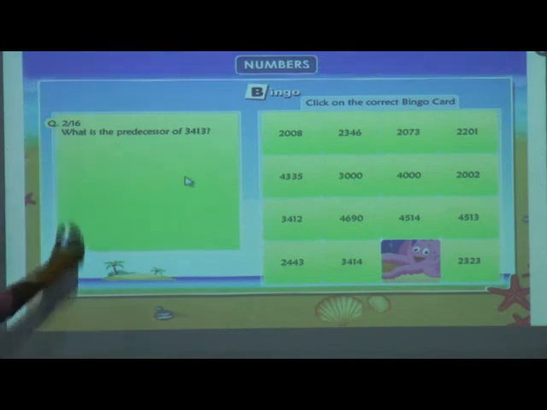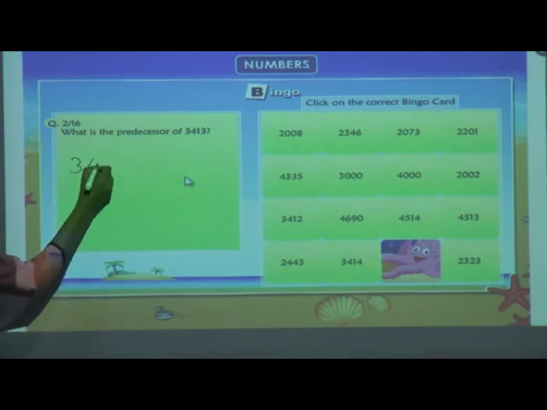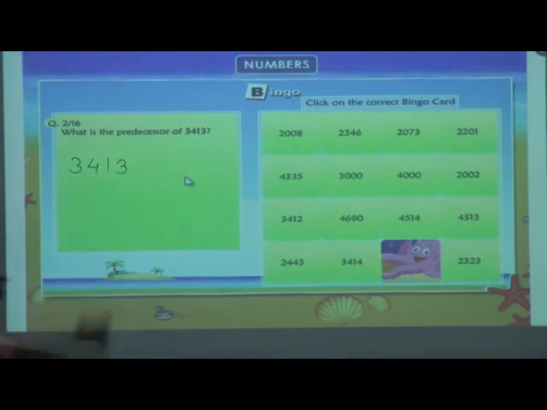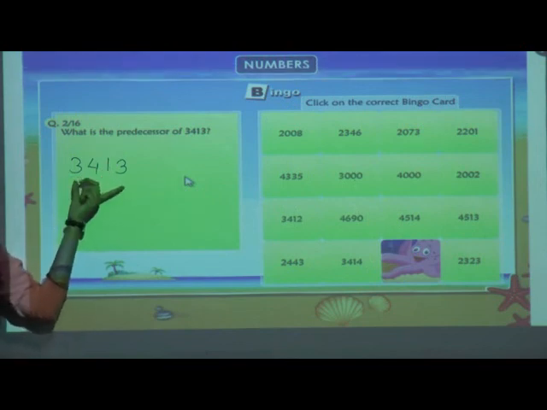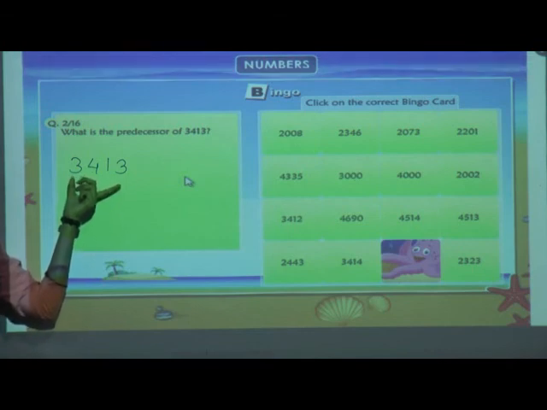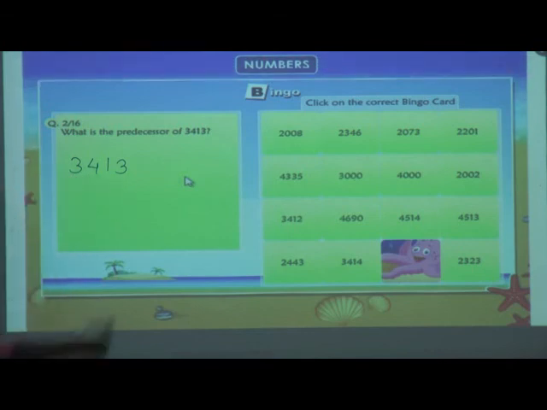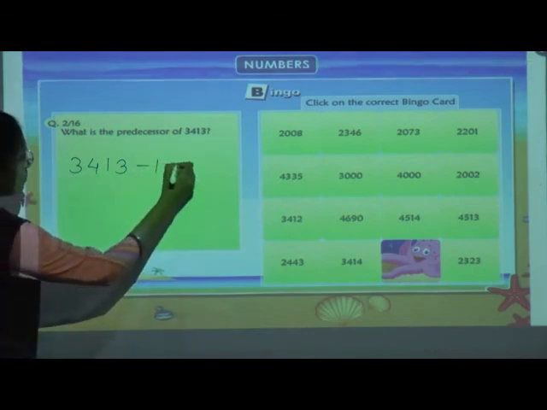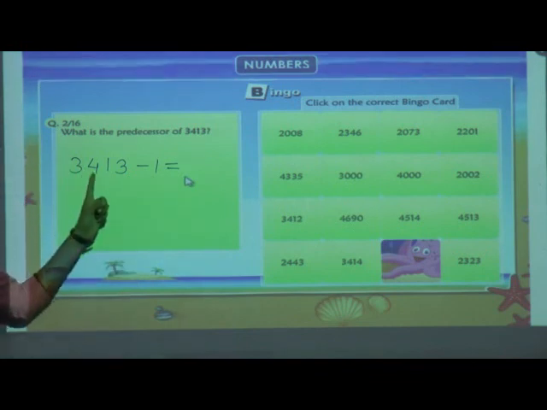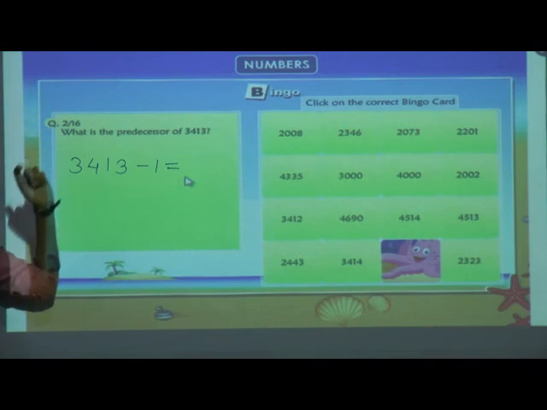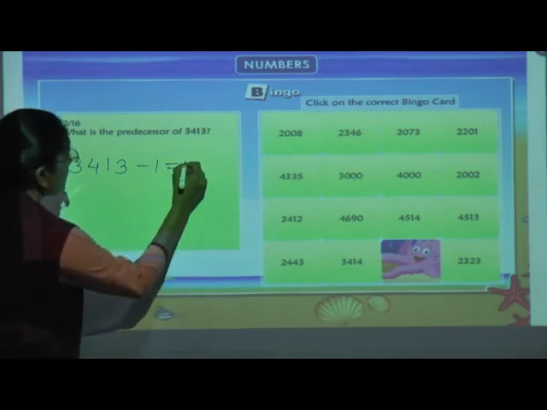Now what is our number? 3413. We have to write the predecessor of this number. So we have to subtract 1 from the given number. So I will do the subtraction here. Now tell me the answer. 3413 minus 1. What will be the answer?